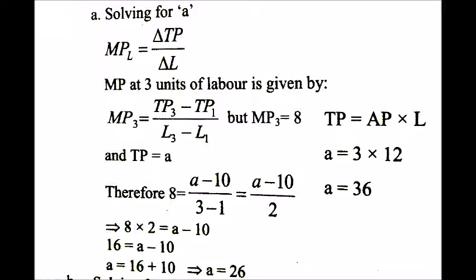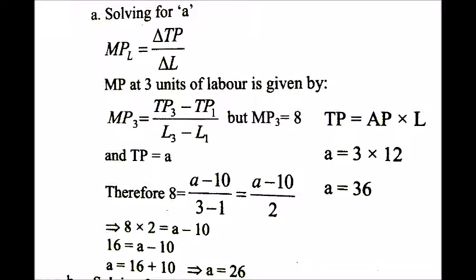So let's start. Solving for A, MP of labor, that's the formula. MP of labor is equal to change in total production divided by change in labor. So we are calculating for MP at the third unit of labor.